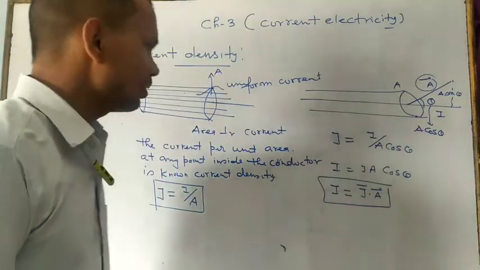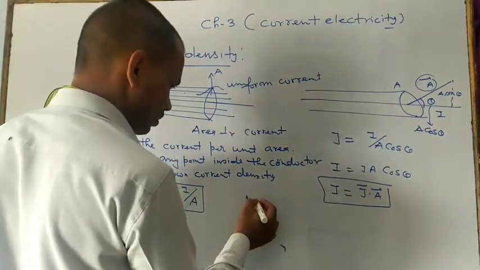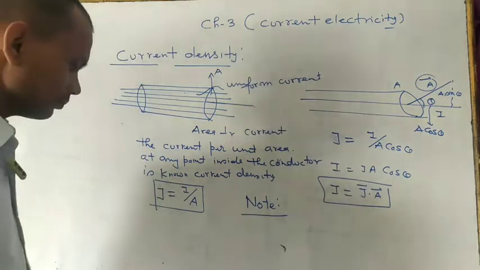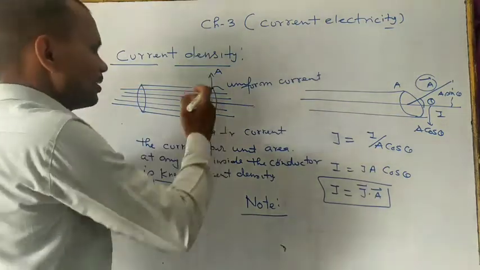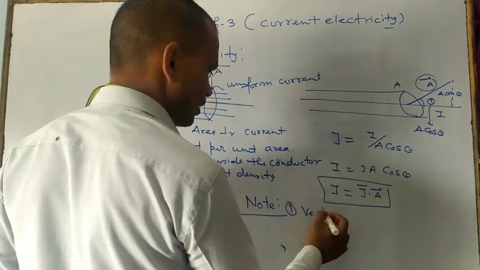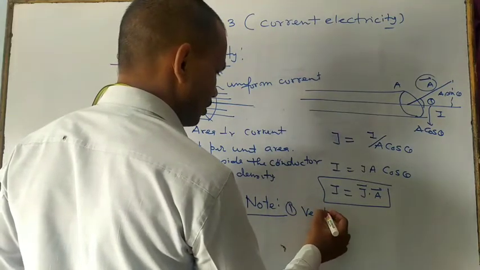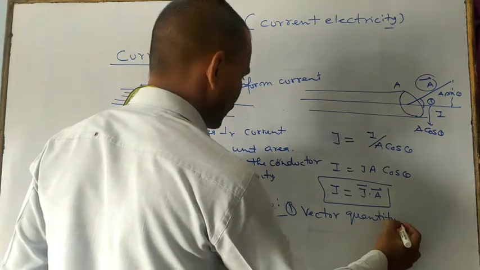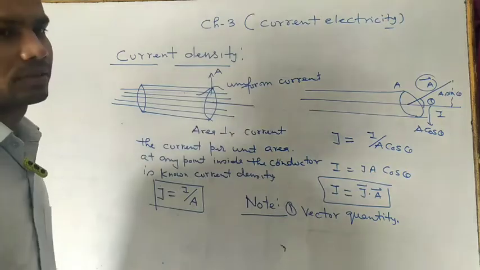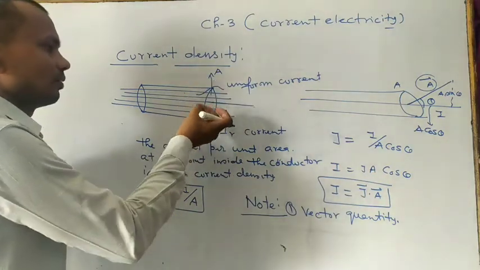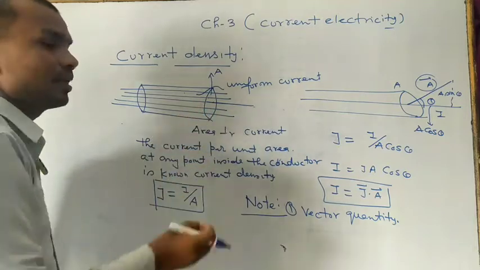And note here you have to see, note number 1: current density is a vector quantity, this is the first one. And for defining the current density, we are taking any point.